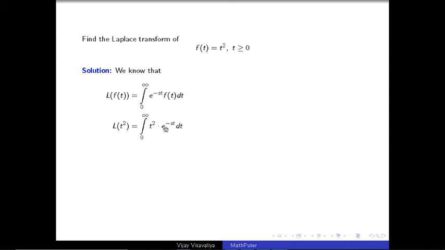Now here, t square into e raised to minus st. If we apply our usual rule of integration by parts, then we have to apply it 2 times. But if we apply the general rule of integration by parts, then we will evaluate this quantity in a single step. So again, the same logic. T square will be assumed as u, and v is e raised to minus st. What is the first step of the rule?